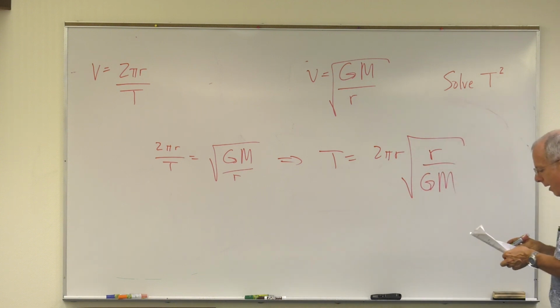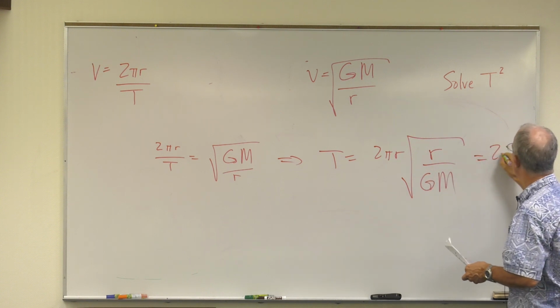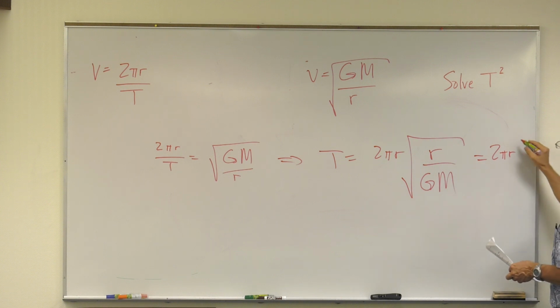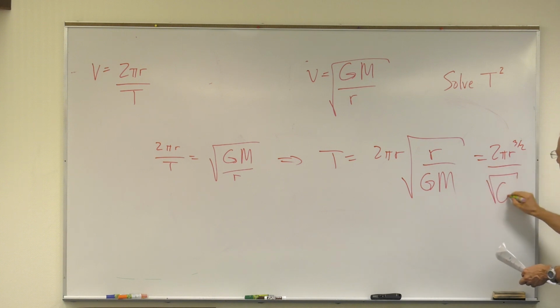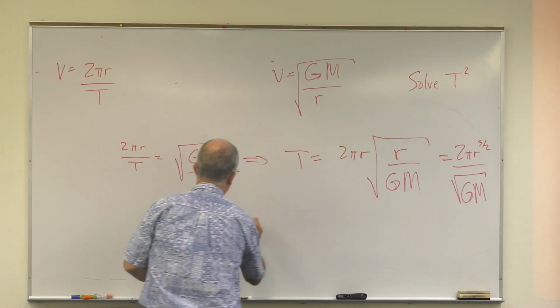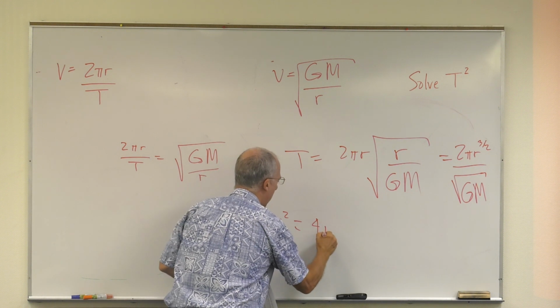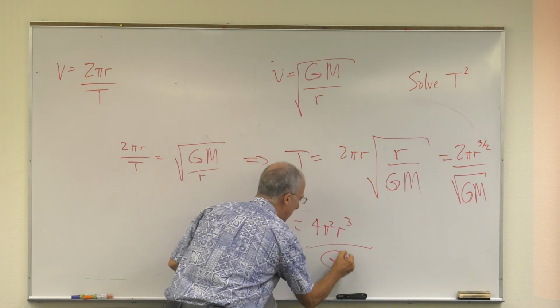Correct? Well, what is that? So we have 2 pi r. Now this is r, this is a half. So that's r to the 3 halves divided by square root of gm. Now that's t. I said solve for t squared. So therefore, t squared equals 4 pi squared r cubed all over gm.